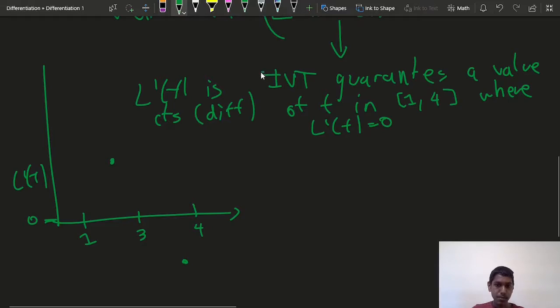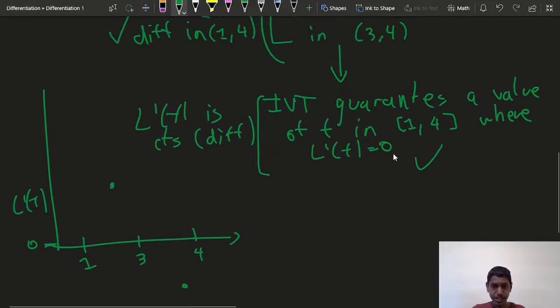And since you know that it's got to cross through 0 somehow, I challenge you, you can't draw a line between these 2 points without lifting your pencil that doesn't pass the L equals 0 line. Of course, if it wasn't continuous, you can do all sorts of things, but you know that L prime of t is continuous because it's twice differentiable, so you can easily just say IVT guarantees this.